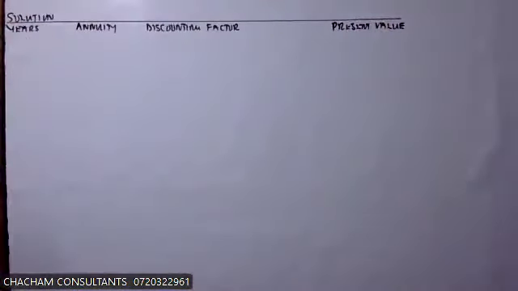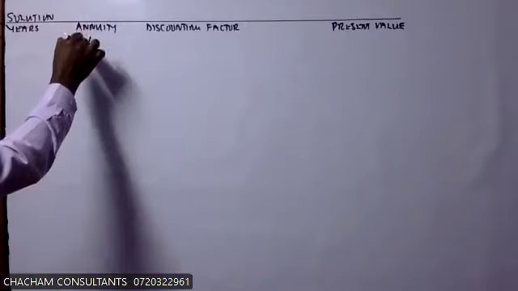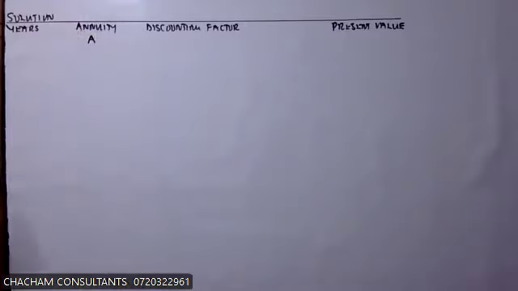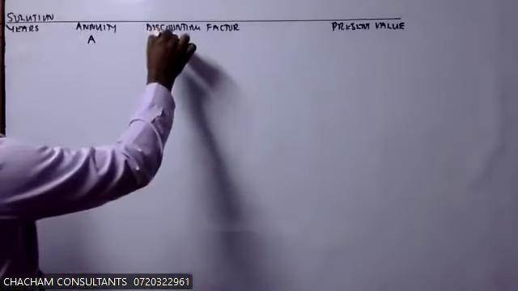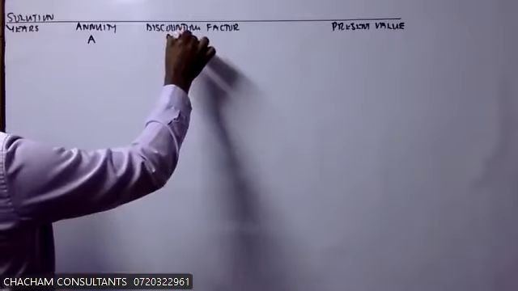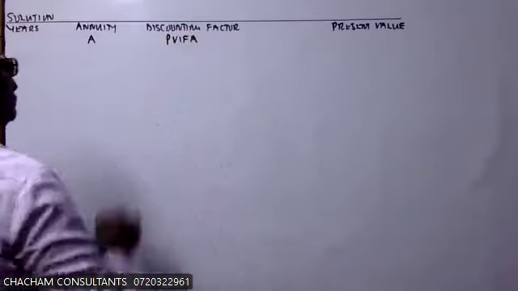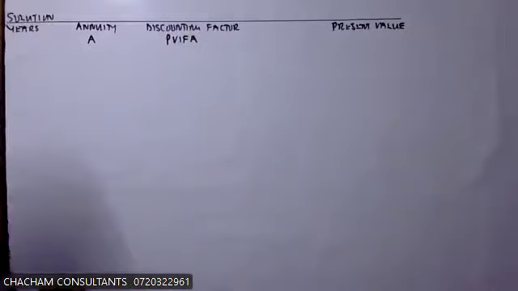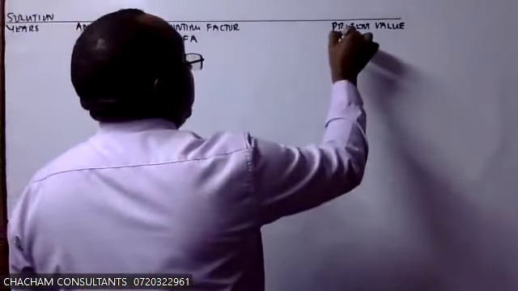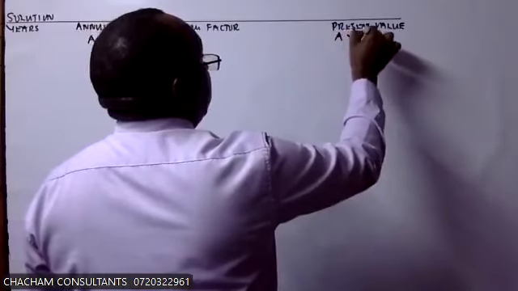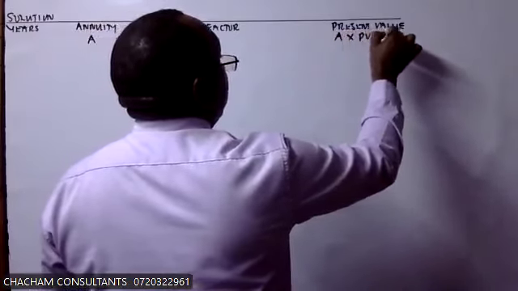Maybe if this is A, the discounting factor is what I would call PVIFA. And then here, this will be A times PVIFA.